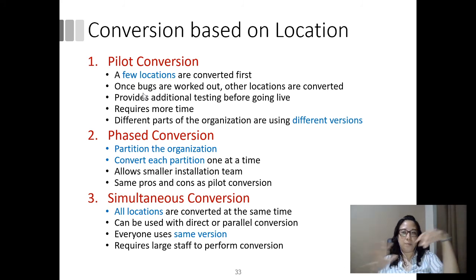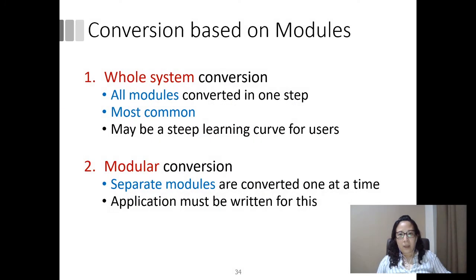So basically we differentiate between the location and the module. And then we also can do the conversion based on the module. Okay, whether we want to have the whole system or the modular conversion, it's the same thing as the phased transition.